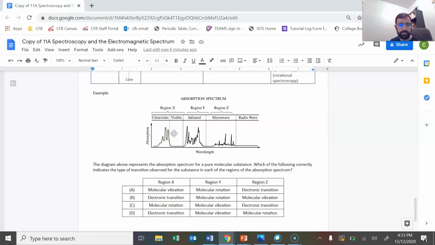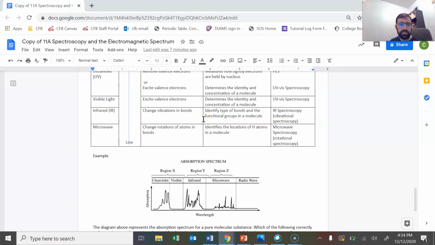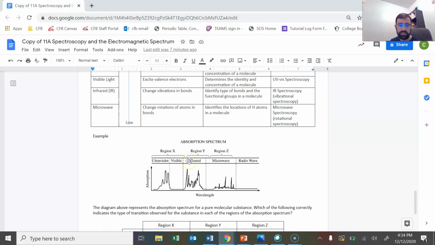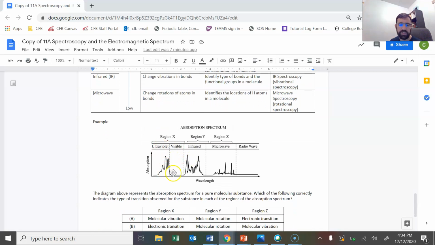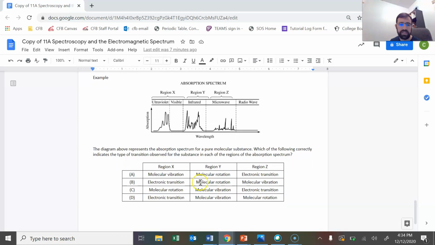Then we have infrared in region Y. In infrared, we said that we could only change vibrations in the bonds. Okay, so electron transitions, vibrations in the bonds, and then microwave radiation is just rotations. Okay, so which one correctly ranks these?